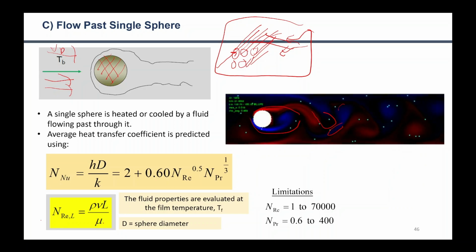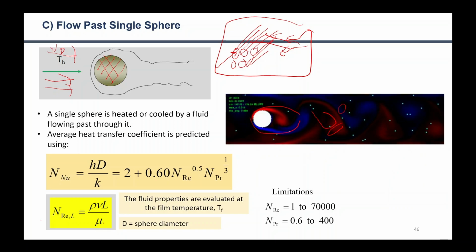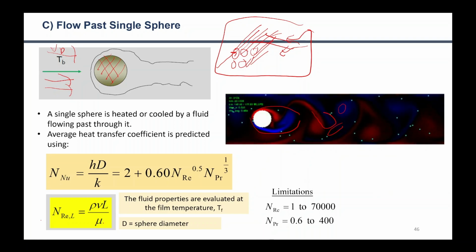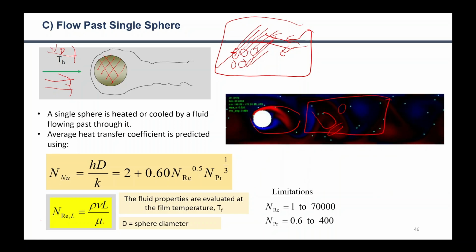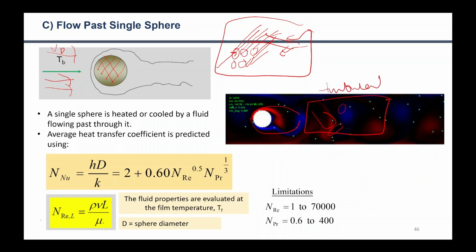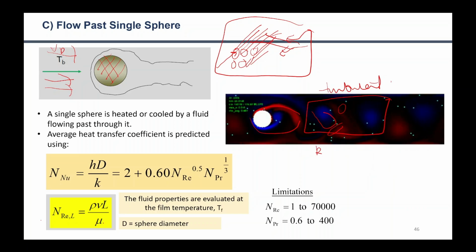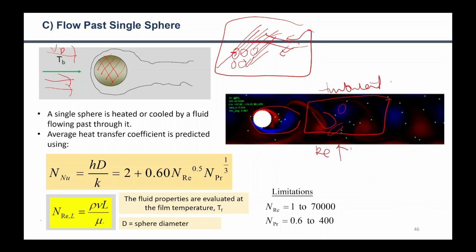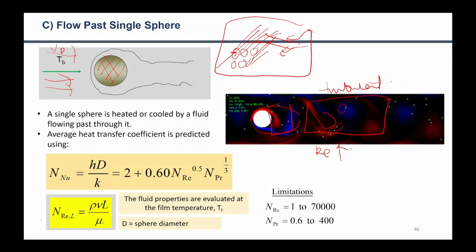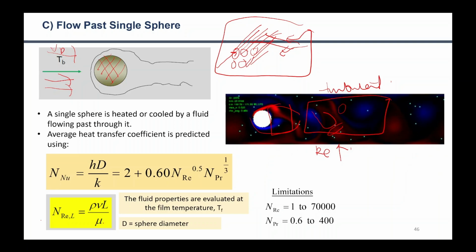This is what we call the boundary layer separation. At the back here, the flow regime is turbulent because of the higher Reynolds number. We can see the layer start to break behind the body of the sphere.